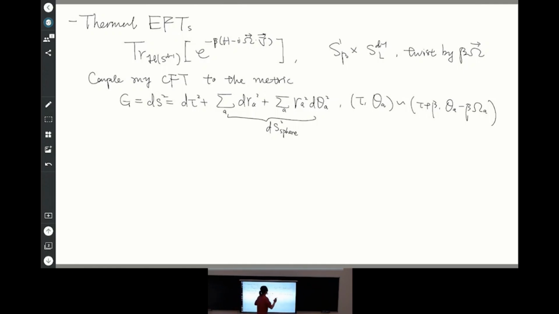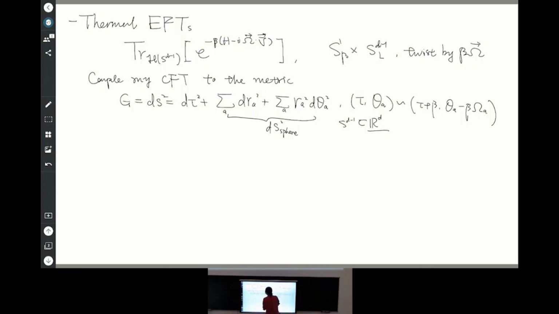So what I'm doing is, this is a metric on S^{D-1}, which I can embed in R^D. And then I can decompose this d-dimensional Euclidean space into a set of non-intersecting planes. Depending on whether D is even or odd, you might have some remaining direction.